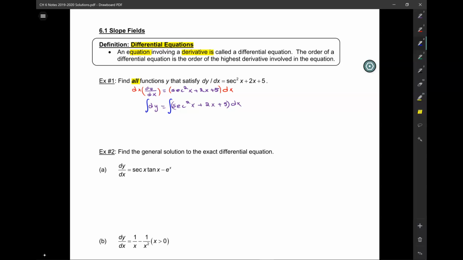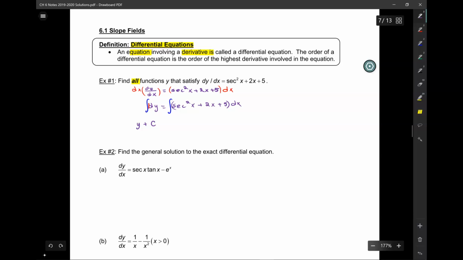So in the first case, this is the integral of y. So what is the integral here? Technically, I have 1 dy, right? And if I take an antiderivative of that, it'll be y plus c.